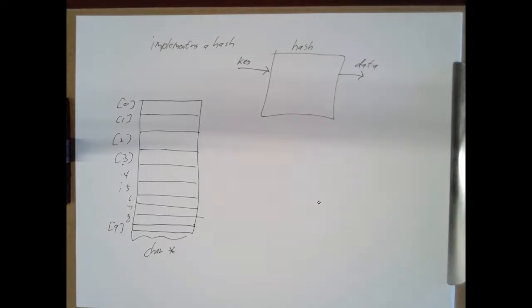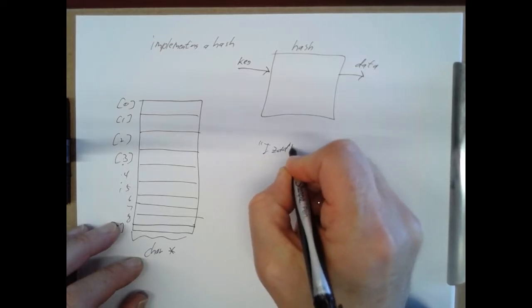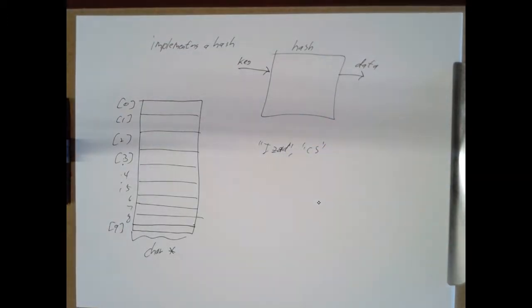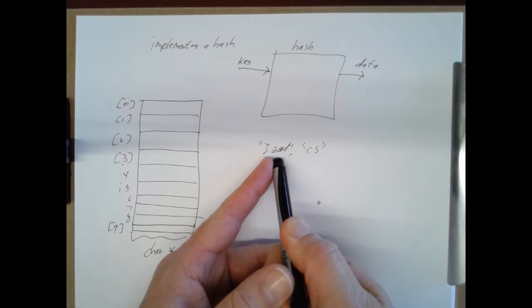All right. And we want to store Izad and CS. Well, we're going to find some way to associate with this string Izad a number between 0 and 9.